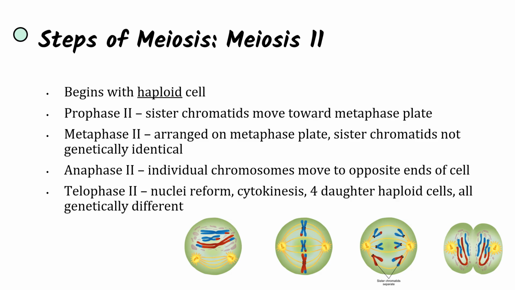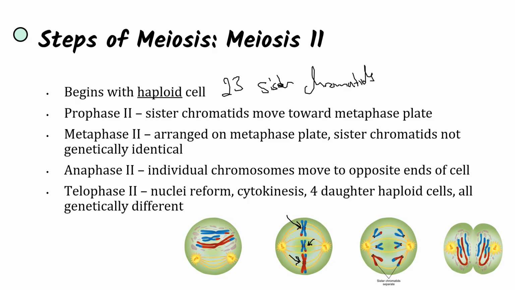So now begins meiosis 2, where we start with our haploid cell, 23 chromosomes, but there are also going to be sister chromatids. During prophase 2, these sister chromatids are going to move toward the metaphase plate. Then in metaphase 2, they're arranged on the metaphase plate as per usual. And of course, these sister chromatids are not all the same, because there's been crossing over that's happened, so each sister chromatid isn't going to be identical to its other sister chromatid.